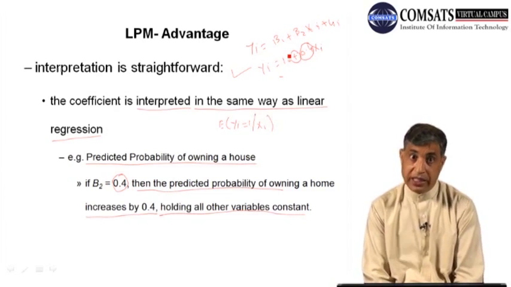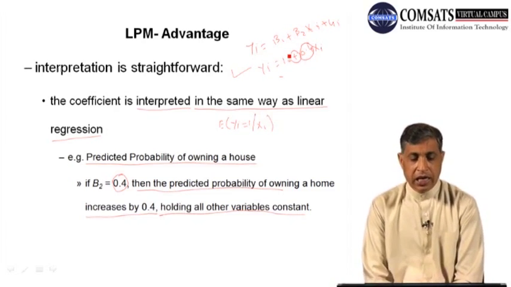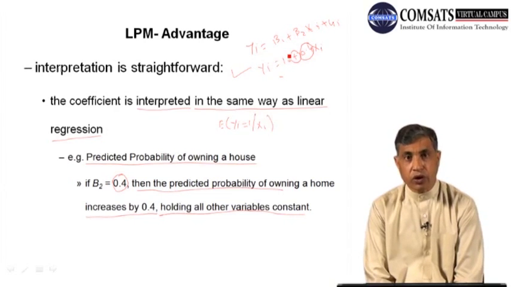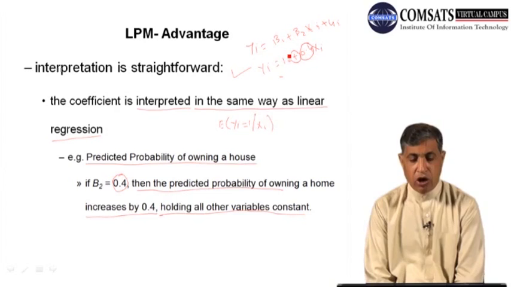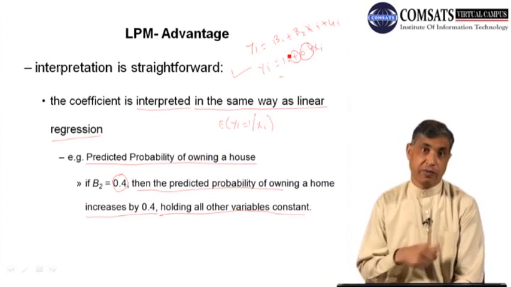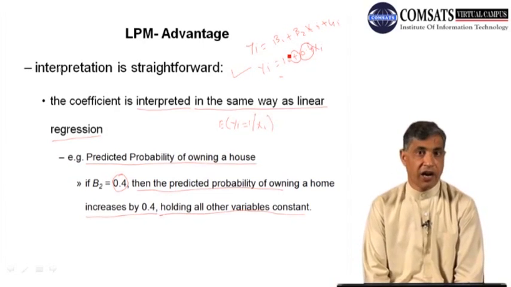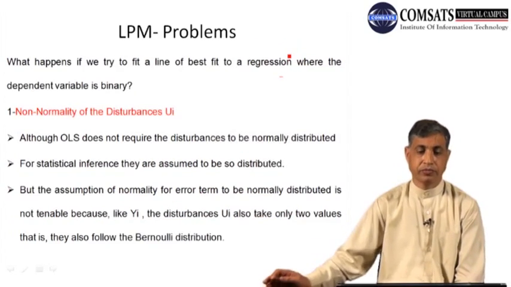So I would like to repeat it again. If you get 0.4, what will you explain? The probability of owning a home increases by 0.4. In other words, ignoring minus and plus, it changes by 0.4, holding all other variables constant, because when we are explaining only the targeted variable's effect, we are assuming that all the other variables have been held constant.